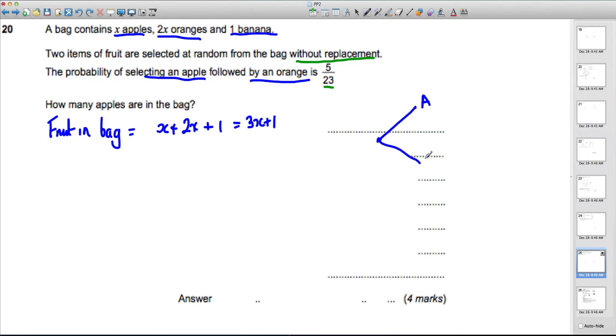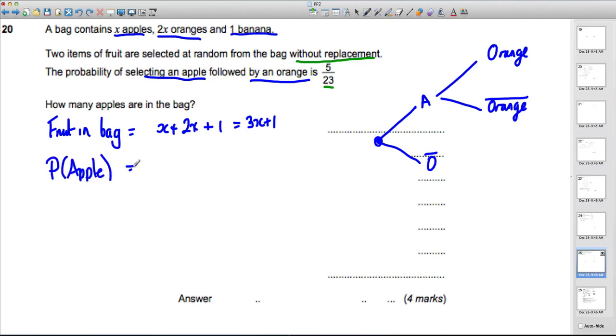Apple, and then you have not apple, and then afterwards you want an orange. So you want an orange or a not orange. There's not orange here. Okay, so what's the probability of getting an apple? There are X apples out of 3x plus 1 items of fruit.